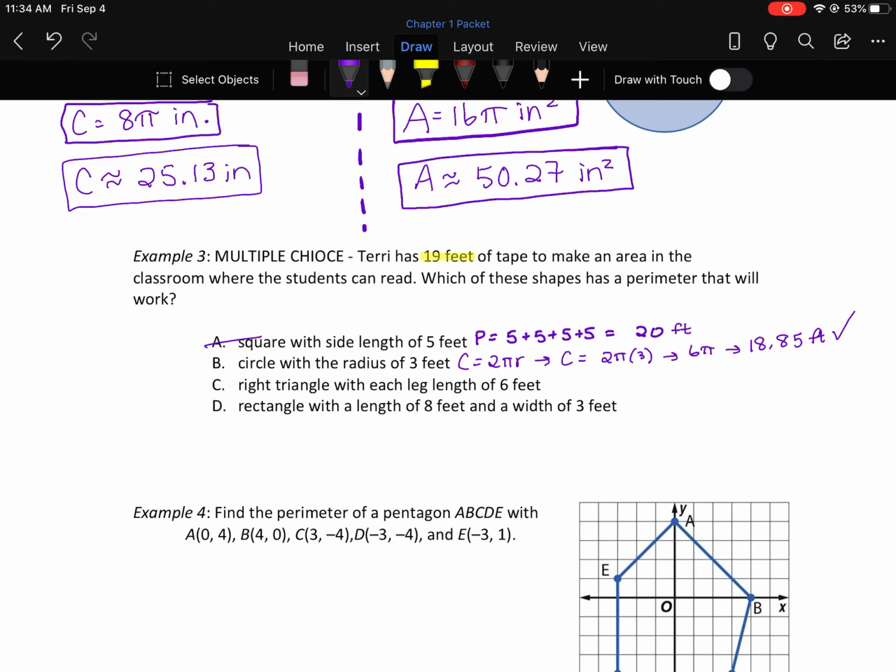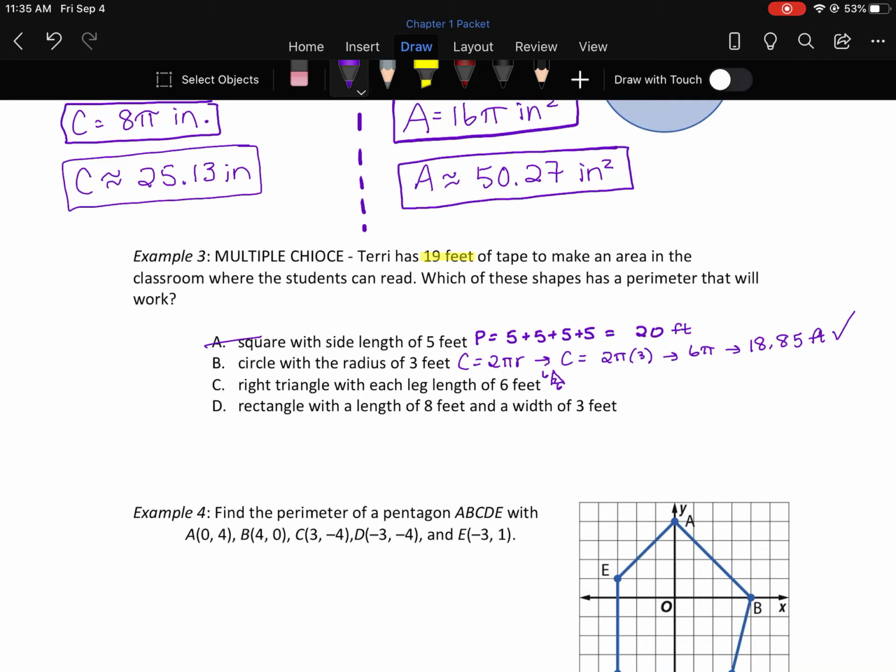But we're going to be good students, so we're going to go through C and D just in case I accidentally made a mistake. So a right triangle with each leg 6 feet. The formula for perimeter of a triangle, good thing we did Pythagorean theorem the other day.